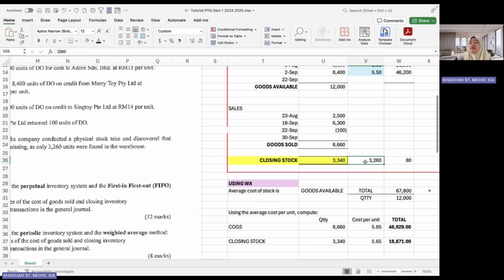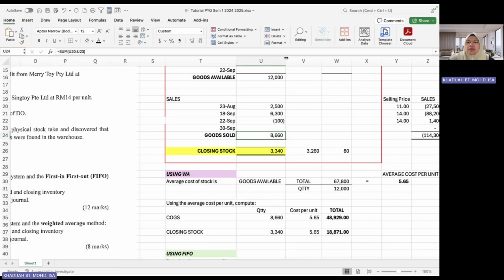So the difference of these 80 units is what we call the stock loss. So how are we going to put that into a stock loss? This is the formula I have to use. Okay, now I get it. By right, my closing stock is 3,300.